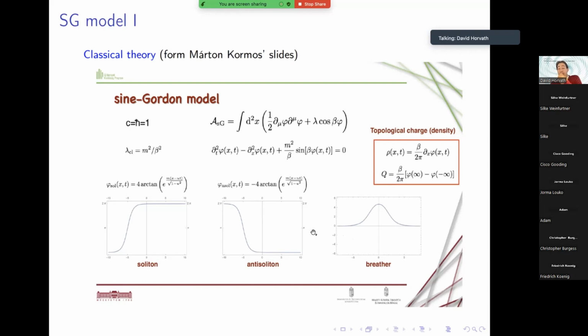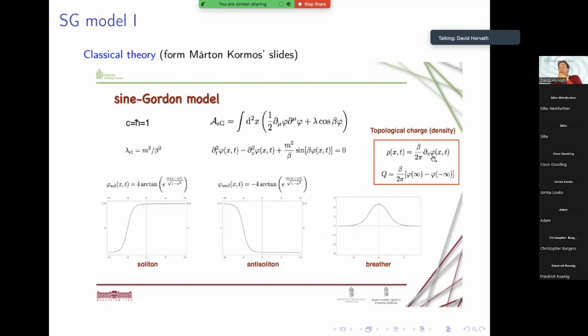So here, an important concept, as I said many times, is the topological charge density. The topological charge density is in fact an important quantity for this talk. You can see that it is defined as follows. It's essentially the spatial derivative of the field multiplied by beta over 2 pi.